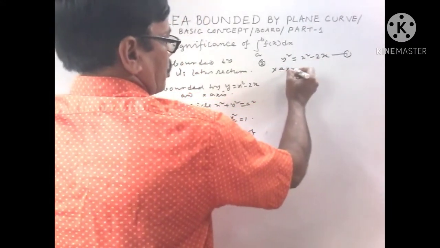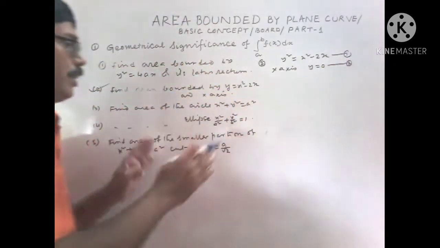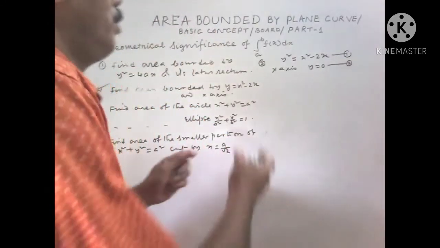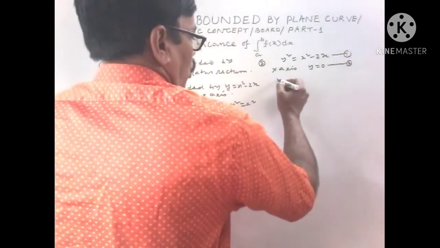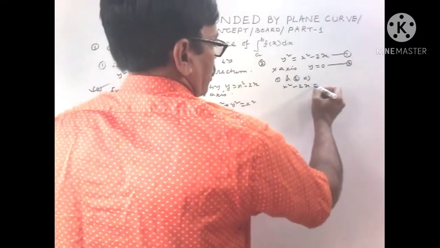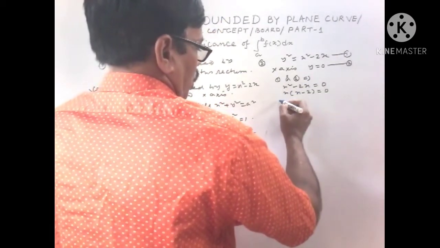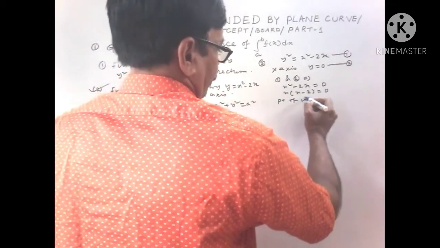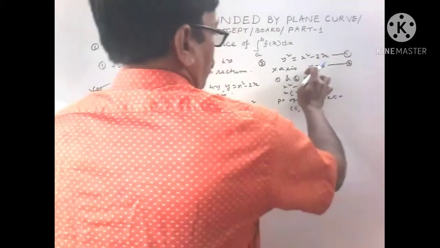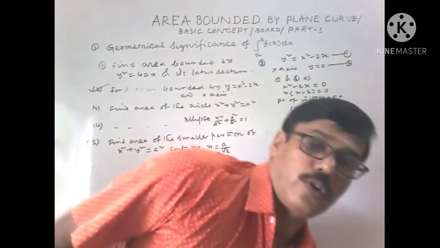So the x-axis is y equals 0. So the two ordinates are not given directly. So we find them by solving 1 and 2. So 1 and 2 imply x squared minus 2x equals 0. So x into x minus 2 equals 0. So the points of intersection are x equals 0, y equals 0 and 2, 0. This is the point of intersection.